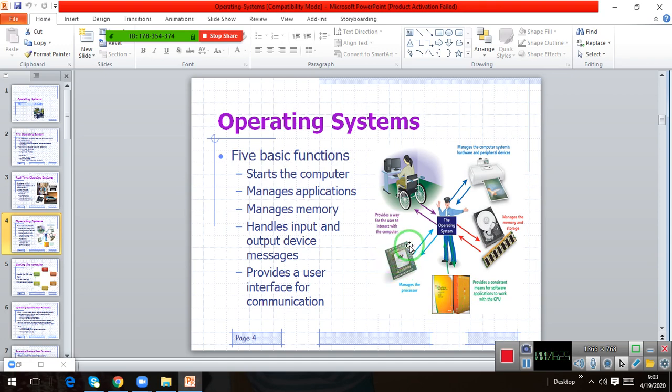He is also responsible for managing the main processor: after getting the jobs coming from the processor, he distributes them to the concerned area, and also manages the memories, maybe the hard disk as well as the RAM.